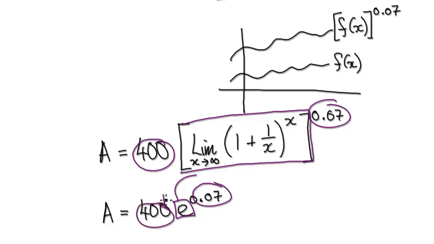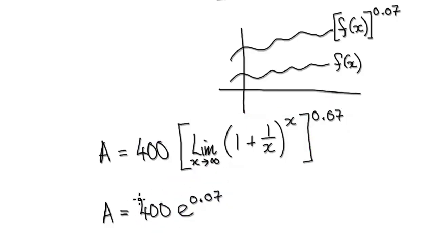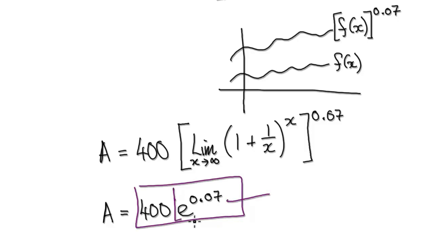So the amount in your bank account is given by this. If you compound it continuously, it will give you this amount here. Don't forget, this is just a constant. It is the number e to the power of this weird thing here, and then times 400. It will give you an amount that represents how much money you have in the bank if you compound it continuously. Okay.